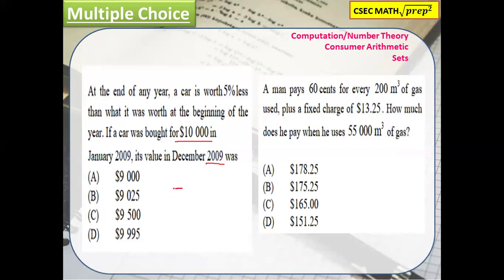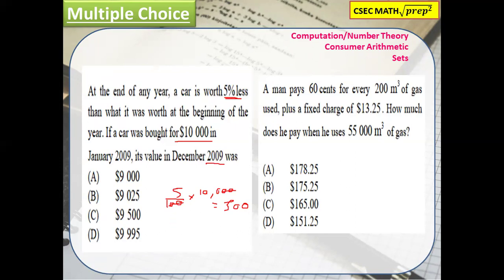So it's 5% of the price at the beginning of the year. So 100 into 10,000 goes 100 times, and 5 times 100 is 500. So what we should do now is to deduct, because we're at 5% less.